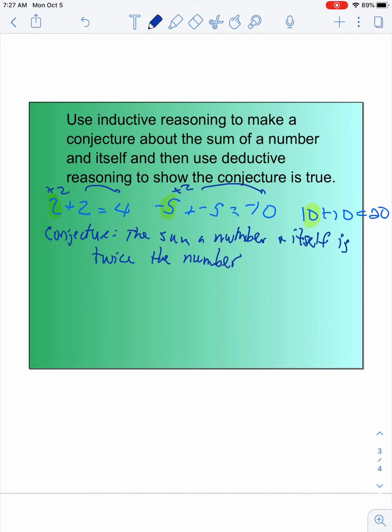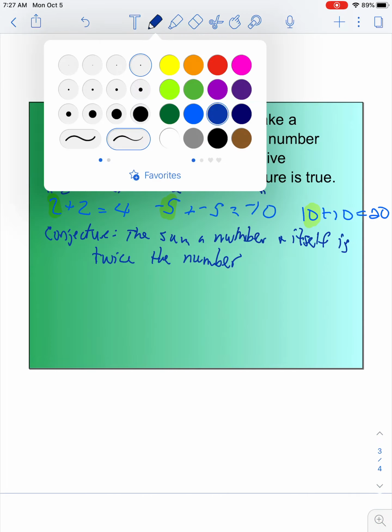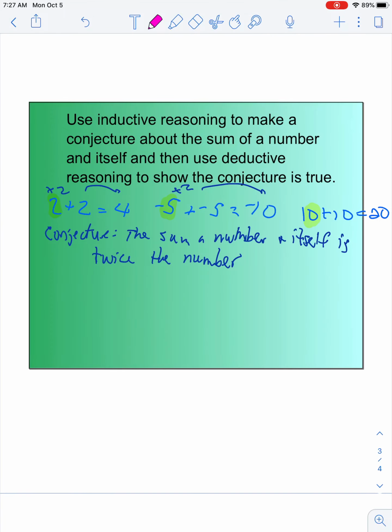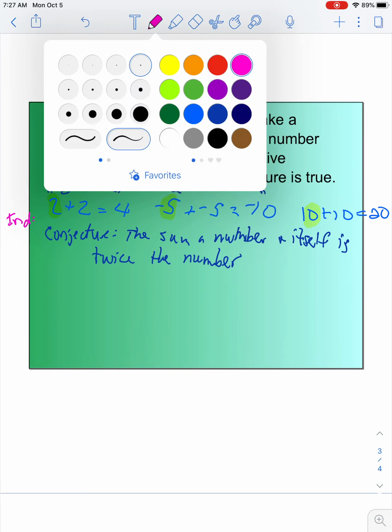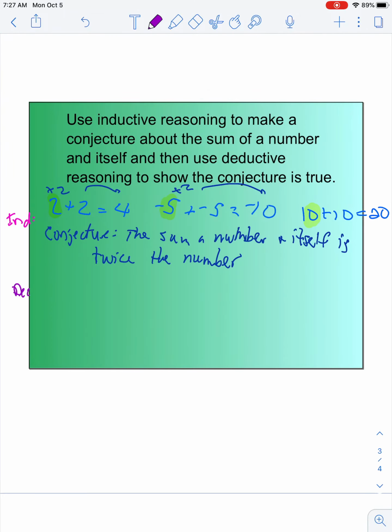So that's our conjecture. Now to show it, okay, this was our inductive reasoning part. And now for deductive reasoning, what we would do is we would say something like, let n equal any real number.